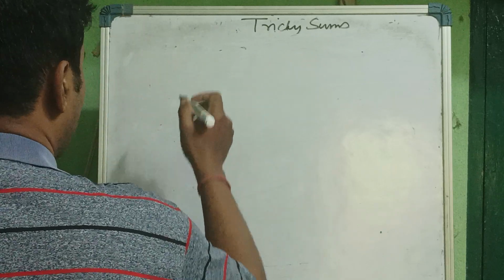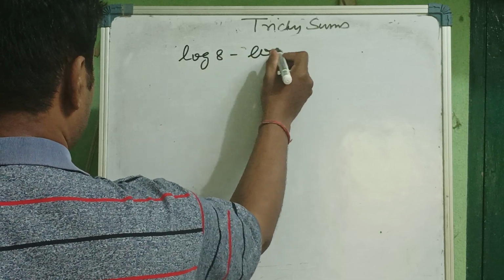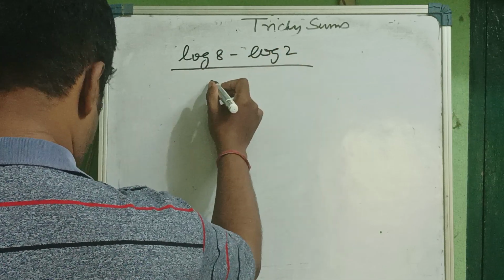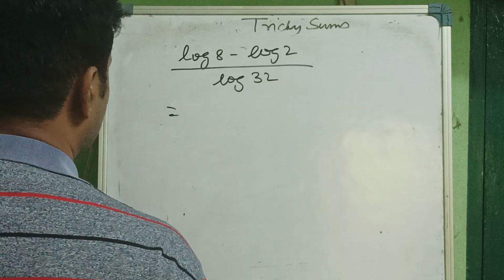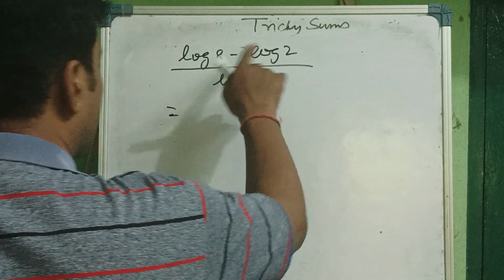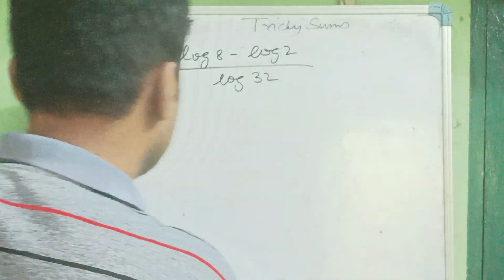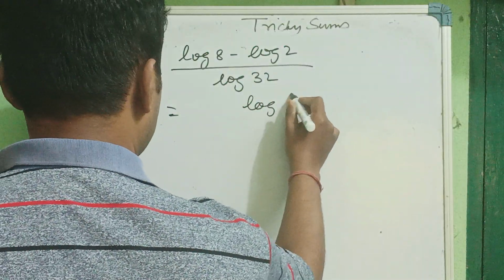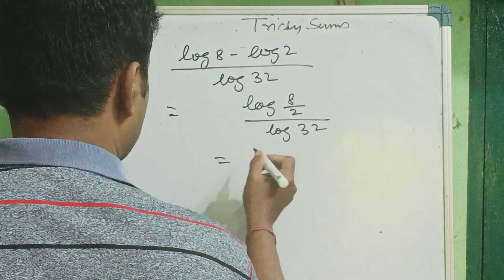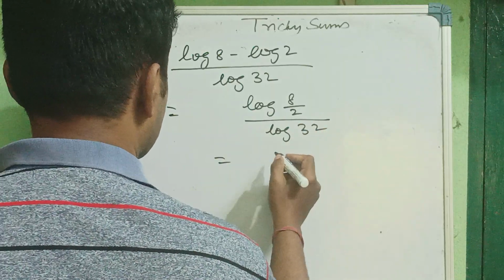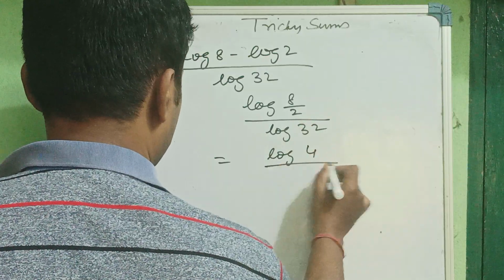Now a small question on logarithms: log 8 minus log 2 divided by log 32. Log minus log means division, so log 8 divided by 2, and log 32 also. So log 4, because 2 fours are 8, and log 32.